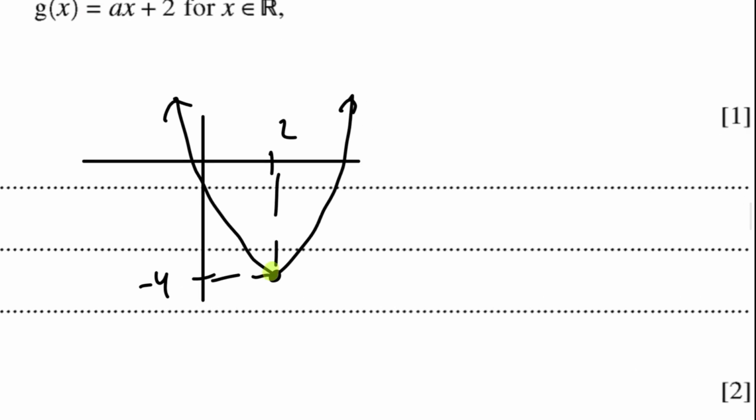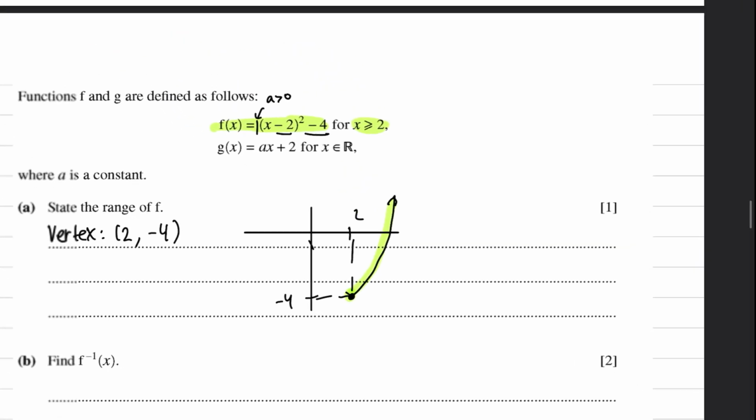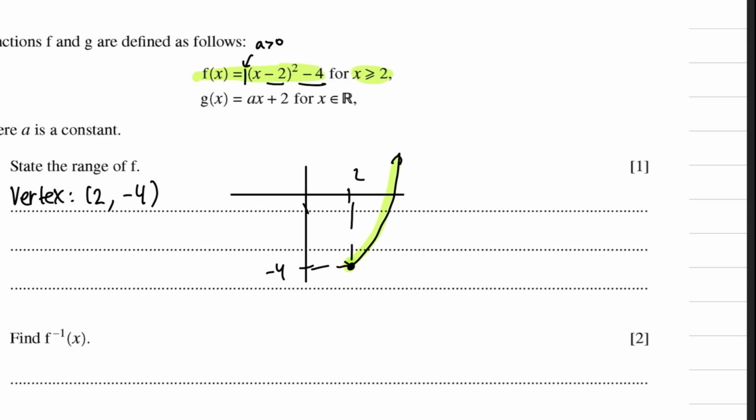So starting from 2 and going to the right. So we don't care about this, so we can eliminate this. Now, from here, you just need to write down the range. The range is the y value, starting from minus 4 and up. So y is bigger than or equal to minus 4. We put the equal sign because x also has an equal sign.